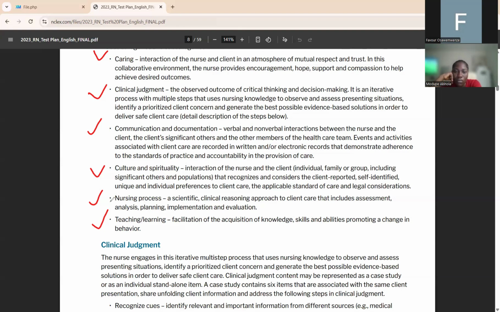Nursing process. In nursing school, we learned assessment, diagnosis, planning, intervention, evaluation. But on the NCLEX exam, NCLEX only focuses on assessment, intervention, and evaluation. The diagnosis is already there.